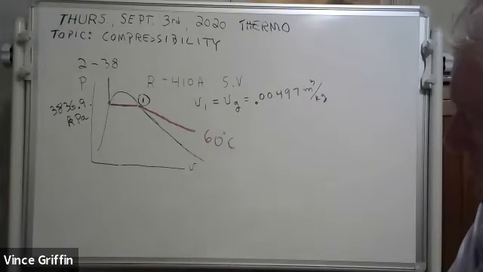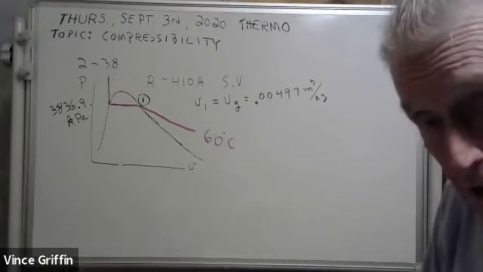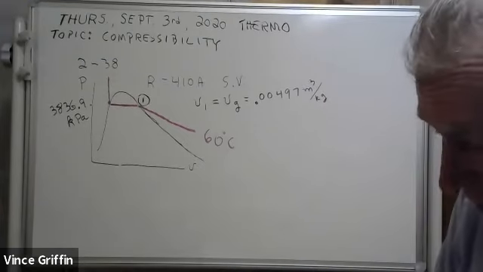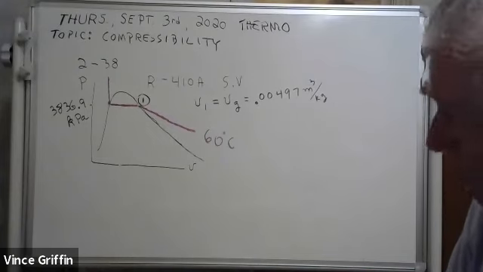So we got the pressure, we got the temperature, we got the specific volume. And we're going to learn about the other things, the specific internal energy and the enthalpy and the entropy, but we don't know about them much yet.